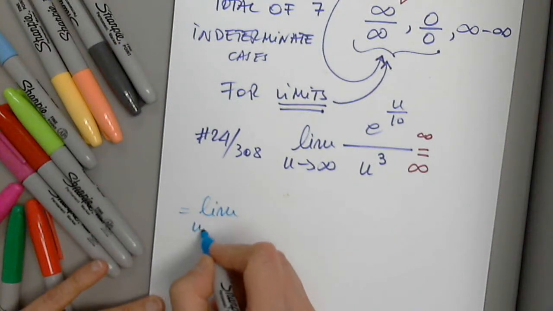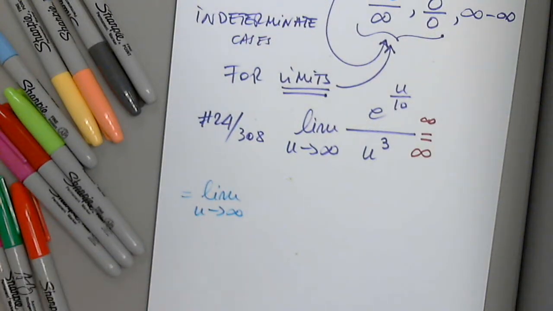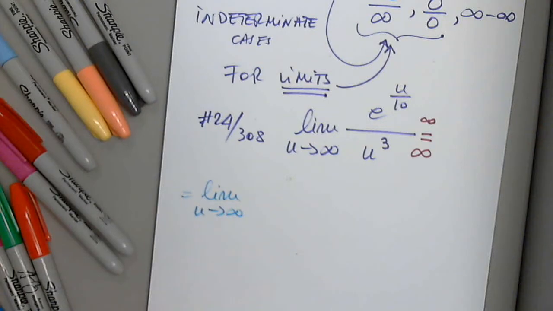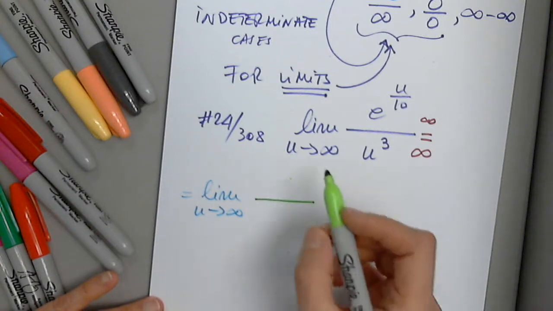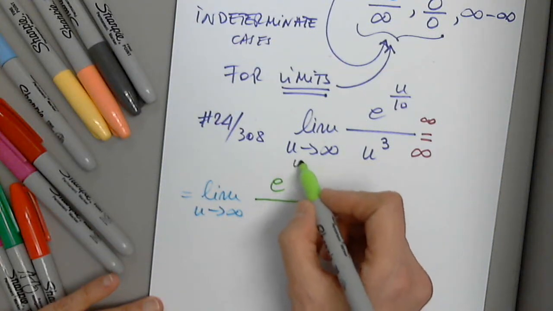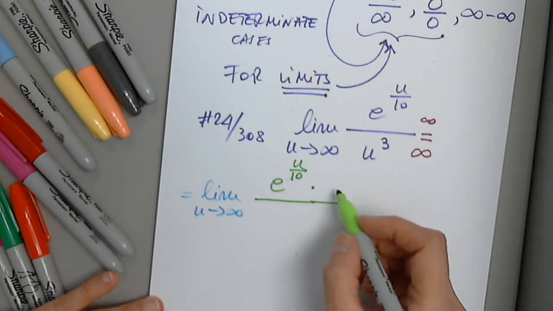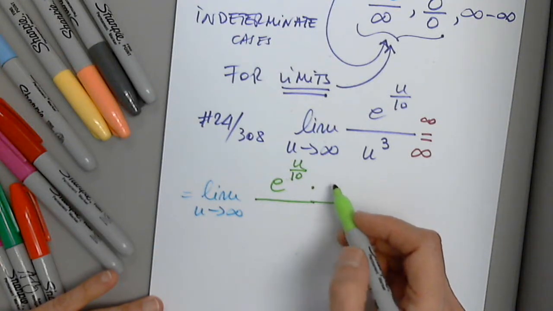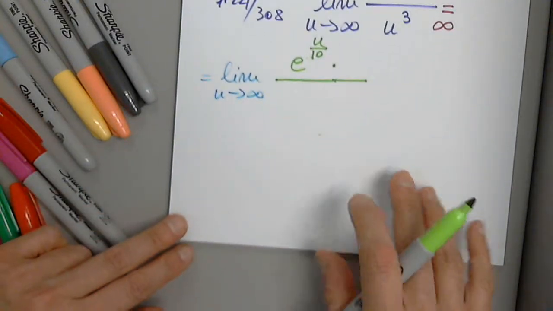So let's differentiate the top. So I can differentiate. Do not drop the limit operator, as we remember, please. So let's differentiate the top. What do we get? Yes? E to u over 10 times? So one more time.